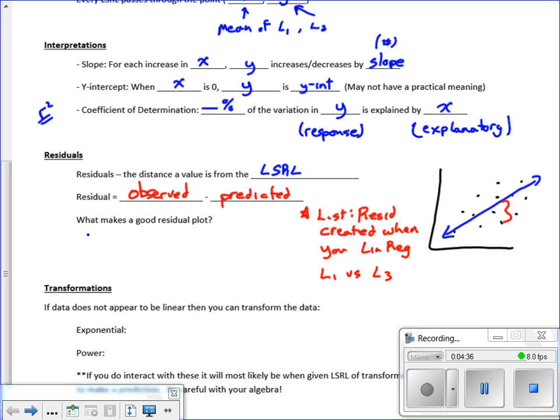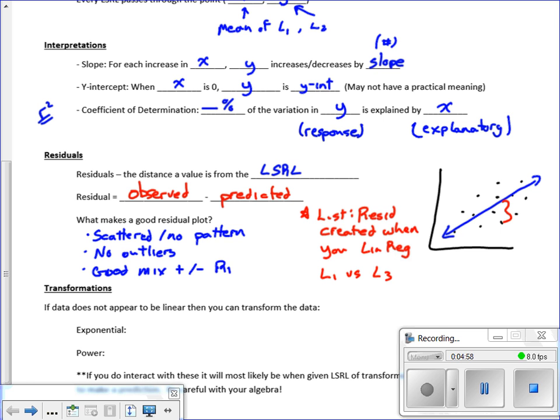Recall that a good residual plot should be scattered with no pattern. You shouldn't see any outliers, right? Nothing that's really strange in terms of outliers. And you want a good mix of positive and negative residuals.